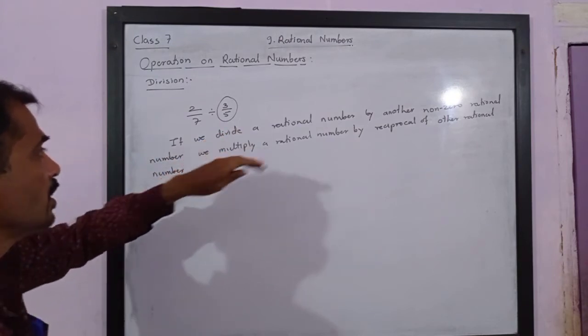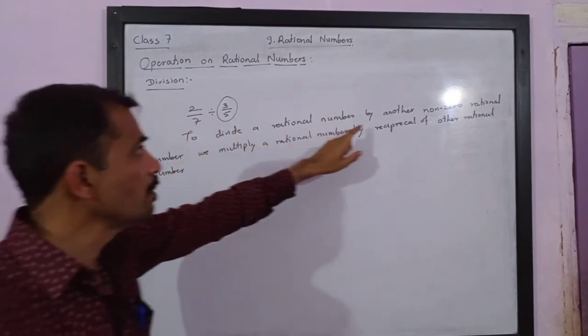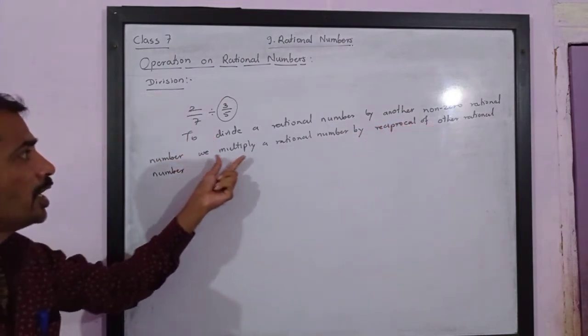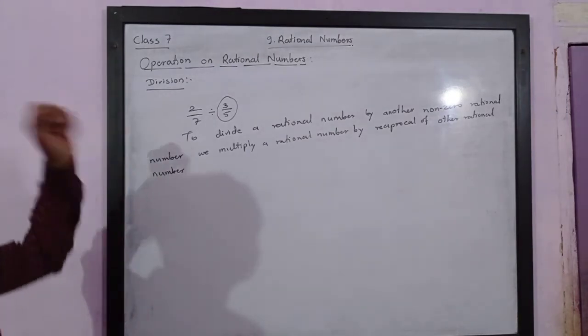To divide a rational number by another non-zero rational number, we multiply a rational number by reciprocal of the other rational number. What does this mean?